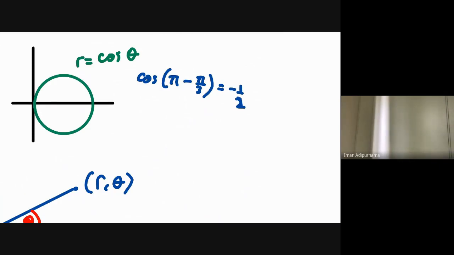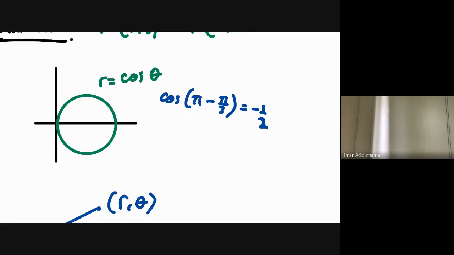So it should be negative half, right? So what we are doing is we go from pi over 2 to pi, so we are moving around here. This negative half, if we find it around here, should be mirrored to here.